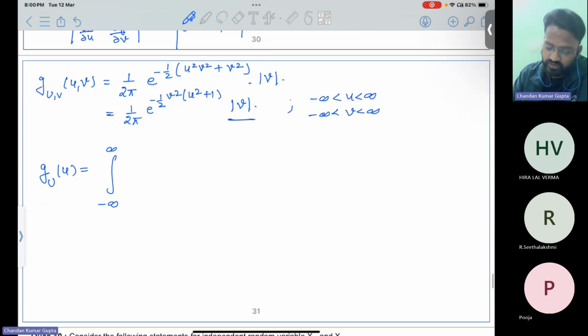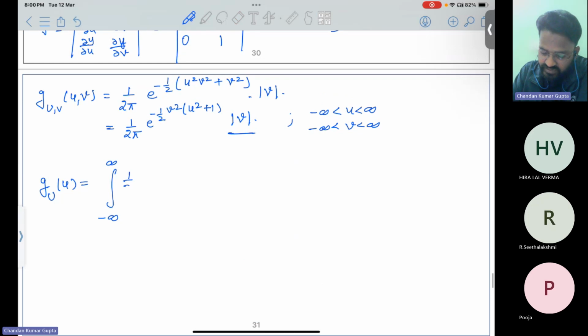Now we may write like this: 1 upon 2 pi, e to the power minus 1 by 2 v square, u square plus 1, and it is mod v dv.